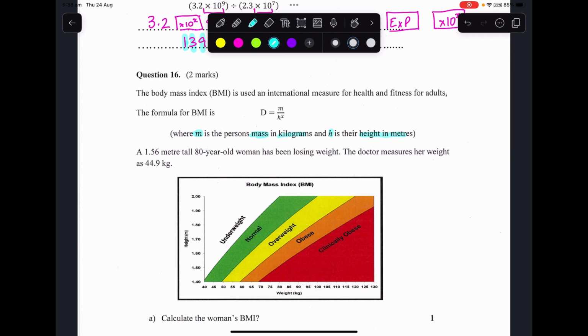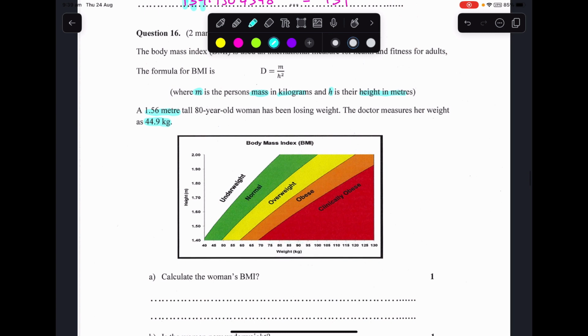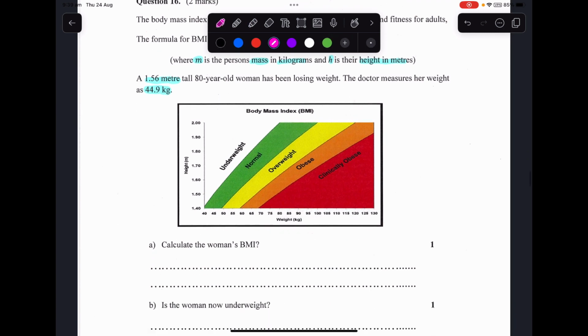A 1.56 meter tall 80-year-old woman has been losing weight. The doctor measures her weight as 44.9 kilograms. So calculate the woman's BMI. So first of all, we're going to take those bits of information. So her height is 1.56 meters and her mass is 44.9 kilograms.